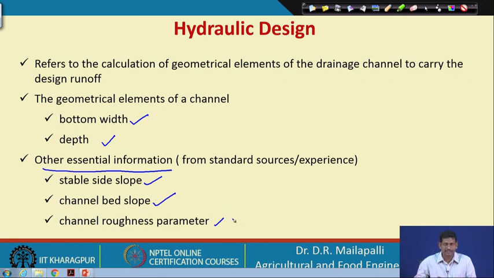This is very important in order to avoid channel scouring and to have enough carrying capacity of the channel.